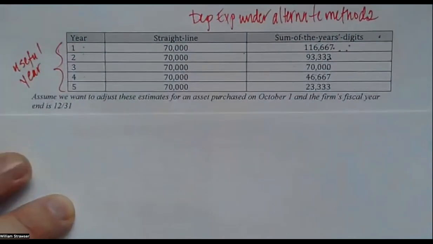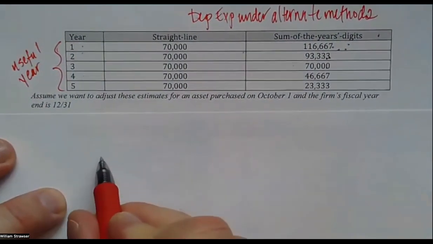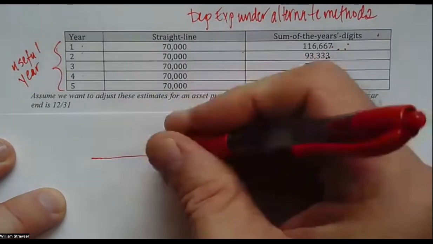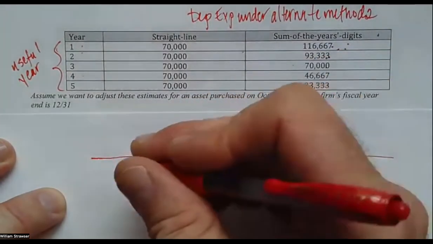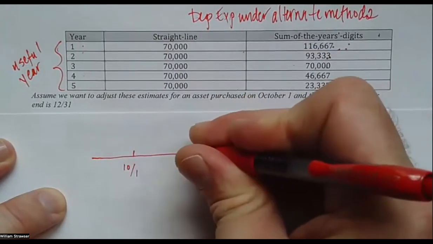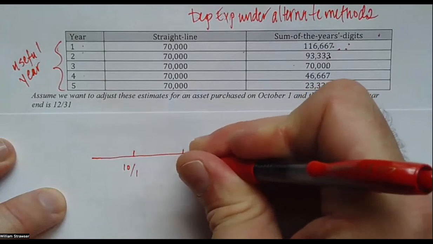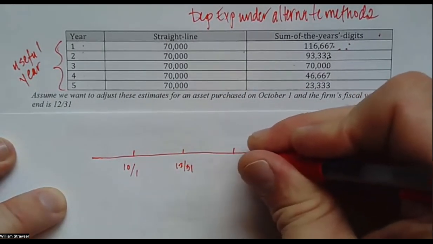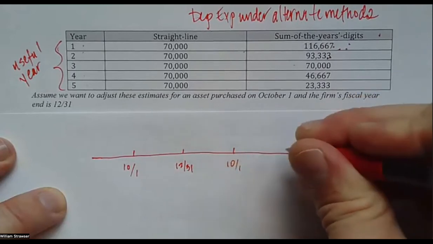Because the useful years will overlap the calendar years. If I bought it on October 1st of one particular fiscal year, then it's 12/31. Then I have another later on October 1st date.